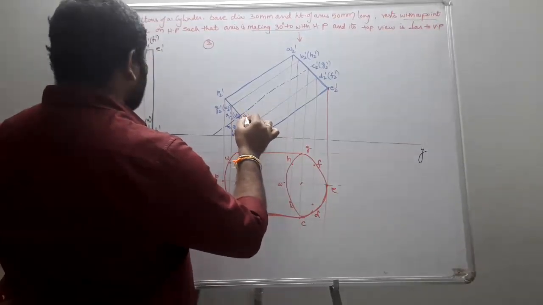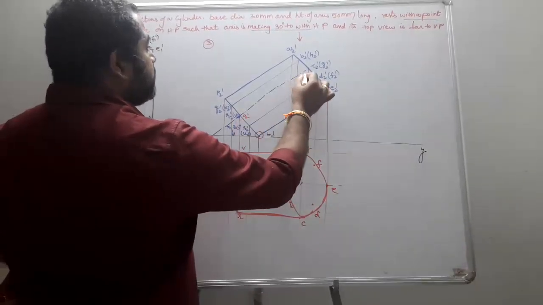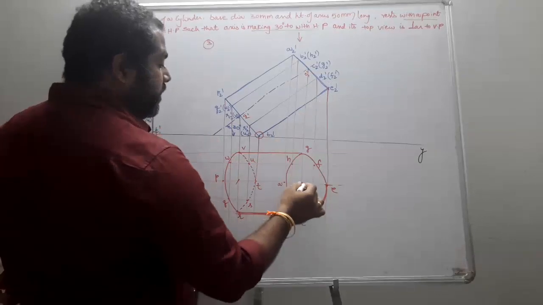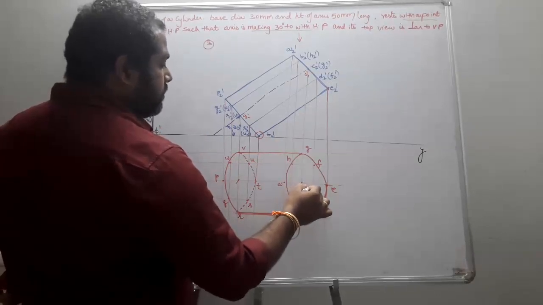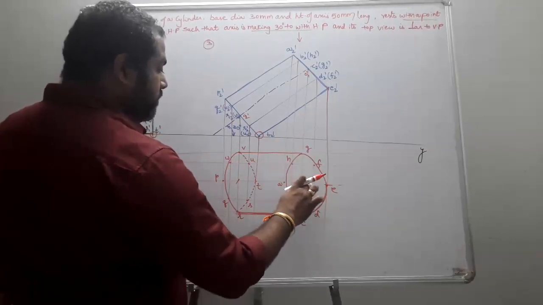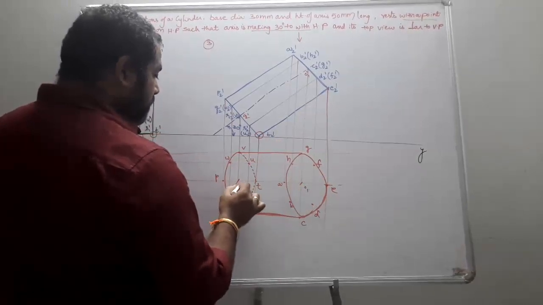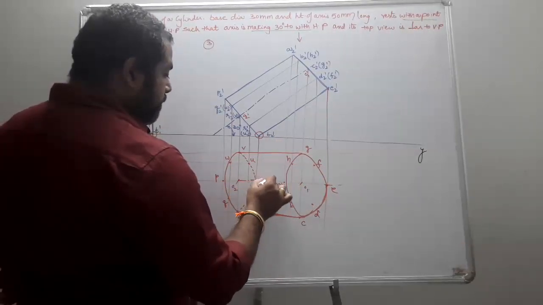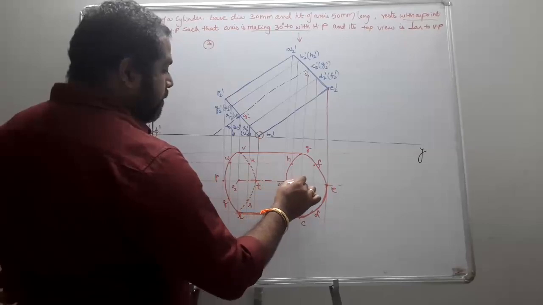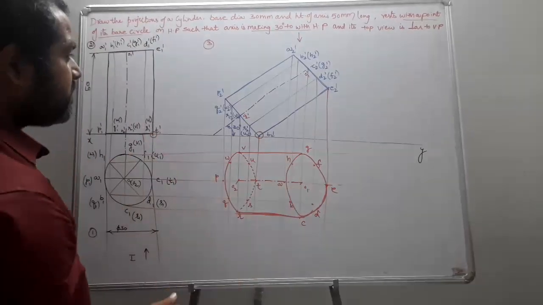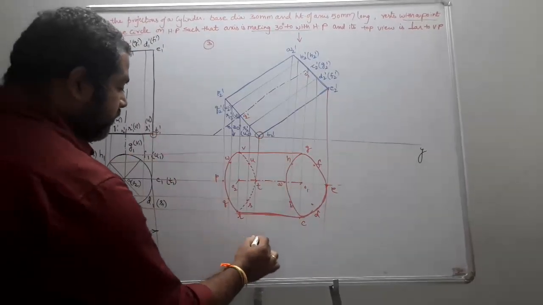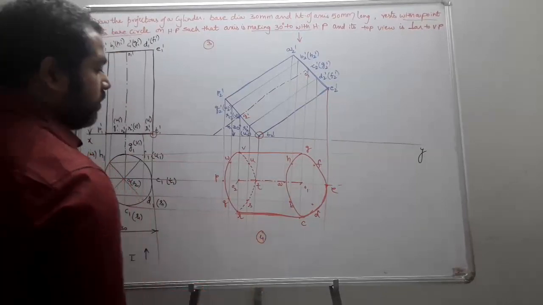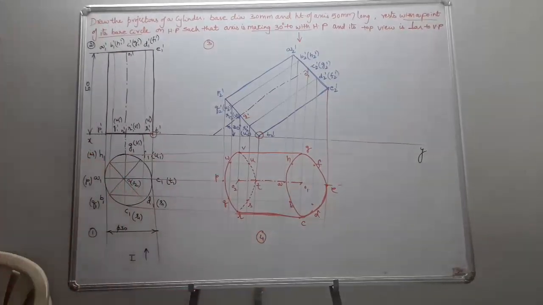This is O2 dash, O1 dash, O1, O2. So this becomes my step 4. Okay. Now I go for the next.